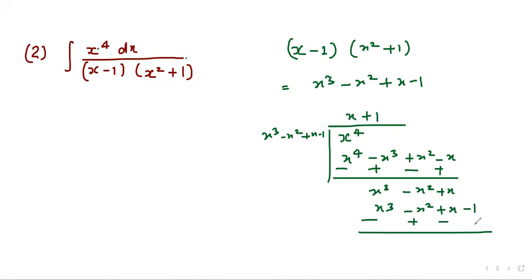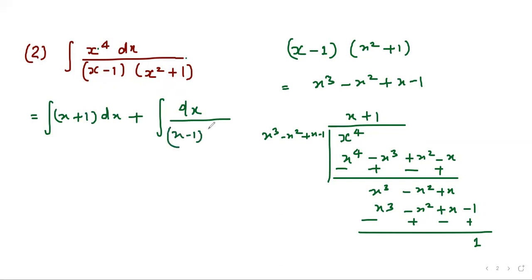Minus plus minus plus. So the remainder will be 1. So our question will be integration of x + 1 dx plus integration of the remainder 1, so we can write dx divided by (x − 1)(x^2 + 1).